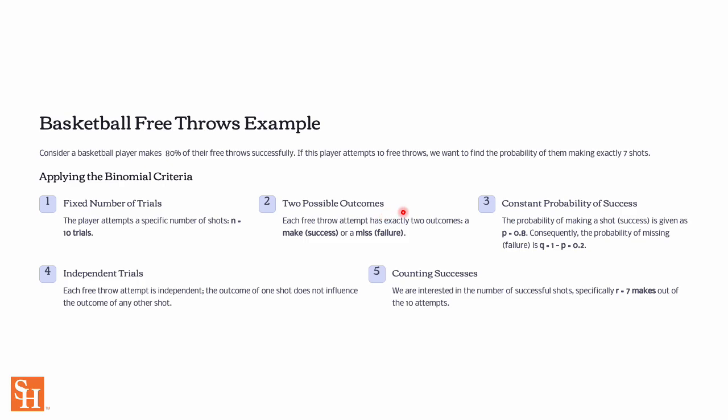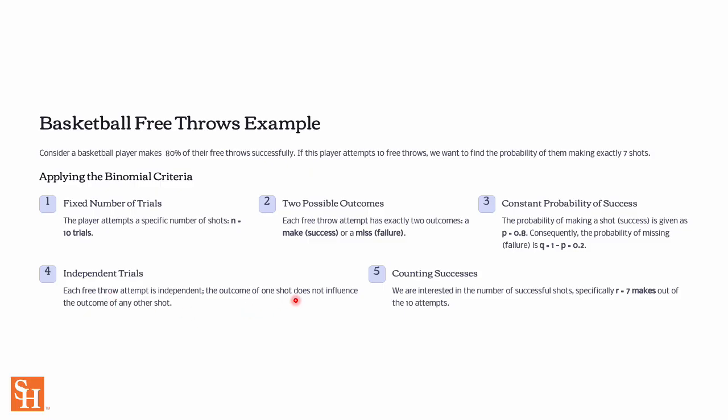And then the probability is also constant. The probability that he will make a successful hit is 80%. That means p equal to 0.8, and therefore q will be 1 minus p, which is 0.2. And each trial is independent, like each free throw attempt is independent.